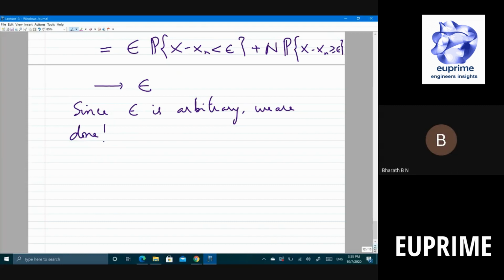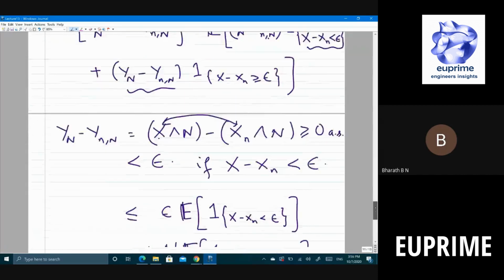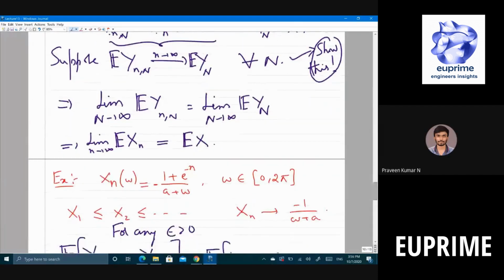Now, is it useful? Not always, right? In many cases, this is not at all useful. Sir, what if E of x is infinity? What if the expectation of x is infinity? Then this goes to infinity, and this is also infinity.